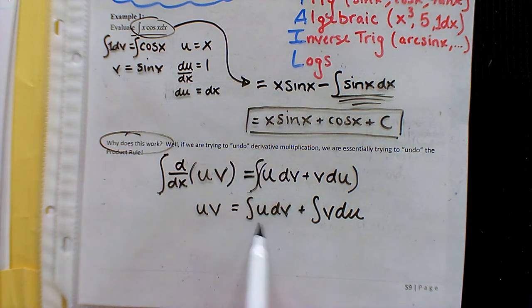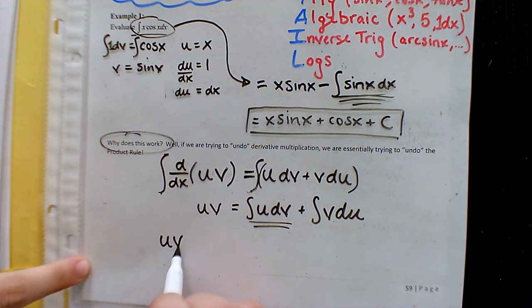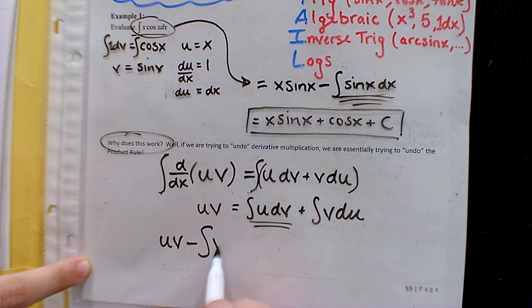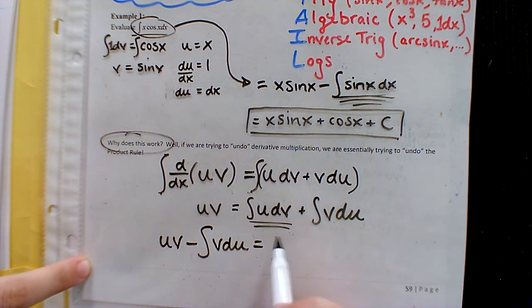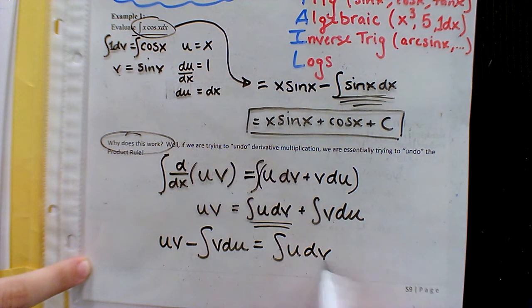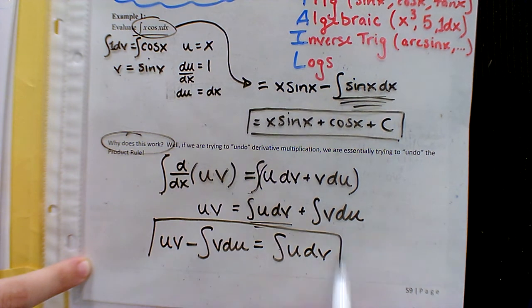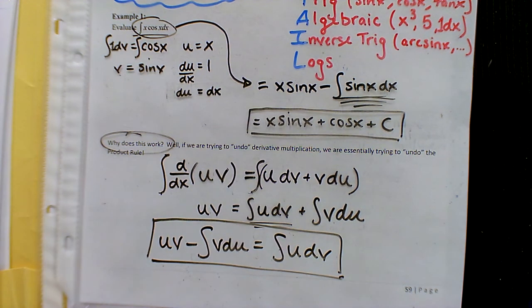It's all by itself, which would represent that integral. So if we want to get this integral by itself, we would have to subtract this one over. So uv minus the integral of v du. Okay, so that's where our by parts formula comes from. We're originally taking the derivative of two things being multiplied together, but now we are working backwards. We are integrating. So we're essentially undoing the product rule.